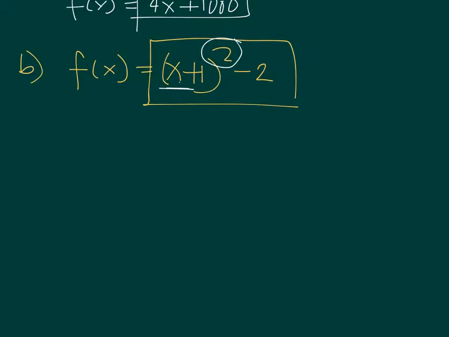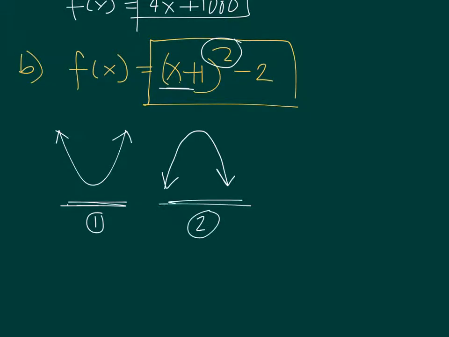An x squared equation has a graph like this, and we call this a parabola. Okay, so it could be this one, the first case, or it could be this one.